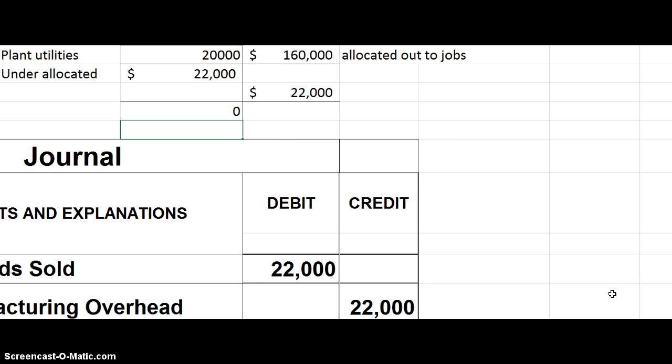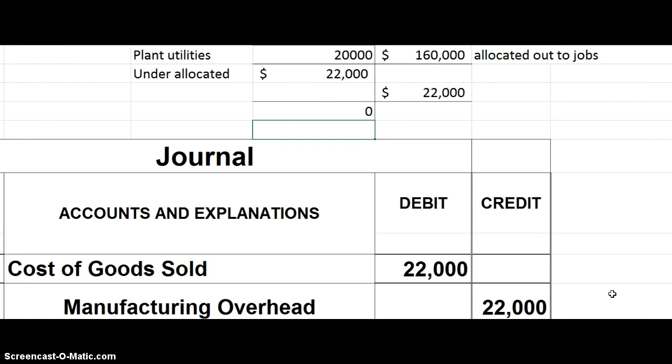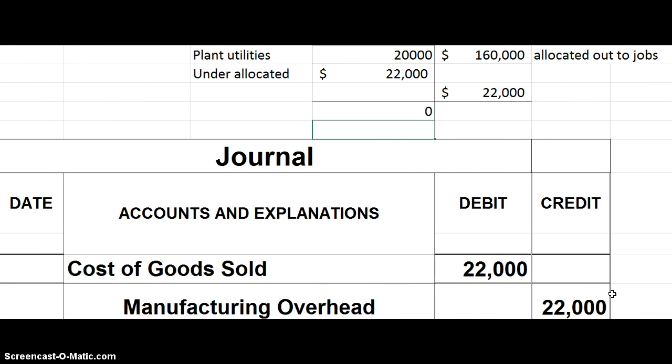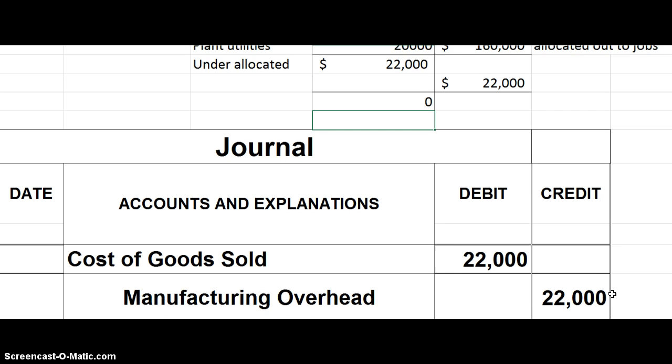So it's 0, all of the costs go to the jobs, and our debit just goes, oops, to our cost of goods sold. So if you think of doing that, cost of goods sold goes up by $22,000 when our manufacturing overhead is underallocated, and that balance just goes away from our manufacturing overhead because we're trying to clear it all out.